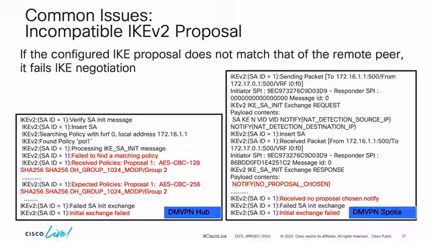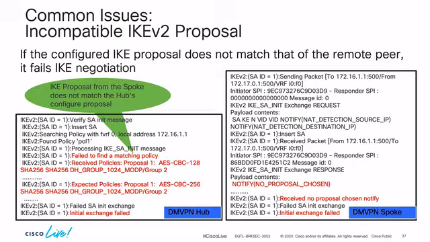So it is actually expecting a proposal of AES CBC 256 rather than the AES CBC 128, which the DMVPN spoke is actually sending. This is very simple to resolve. All we need to do is make sure that you have the same proposals configured in both the spoke and the hub. Once you do this, you can easily resolve this particular problem.